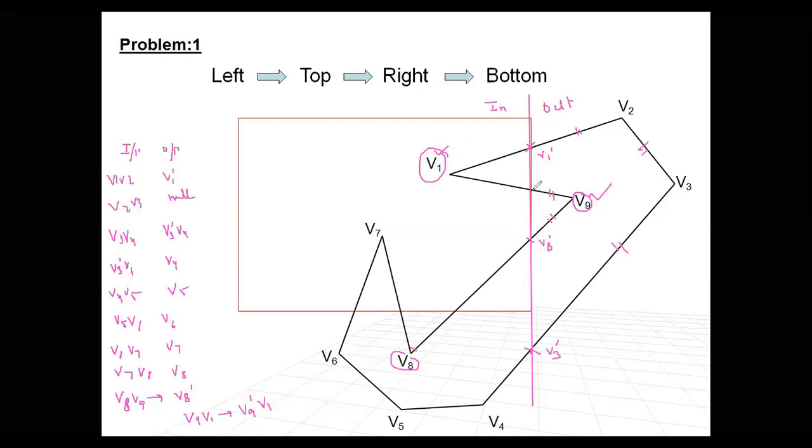So this is V9 dash. These points are calculated in such a manner. So you have got the resultant figure: this part and this intersection point and this intersection point, and the rest of the part will be clipped. Okay, and let's see the figure.